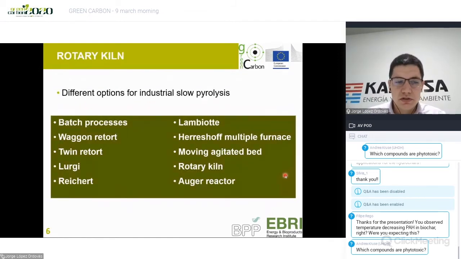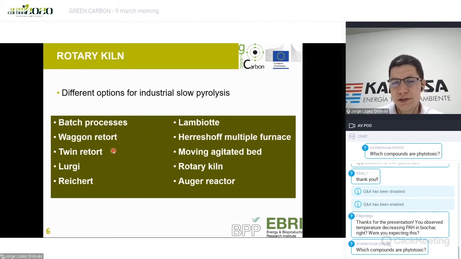So in my work, during my project, I just started analyzing all the technologies for slow pyrolysis. There are many. We had the batch processes with the Argentinian kiln, Missouri kiln, etc. Then we had some semi-continuous processes which were fed in batches, like the wagon retort or the twin retort.